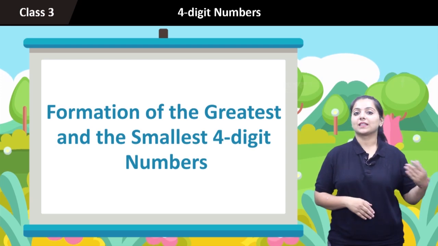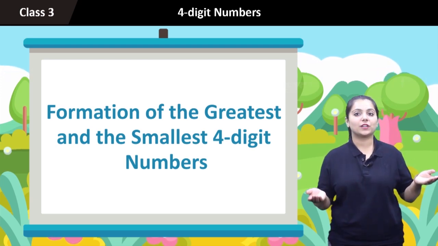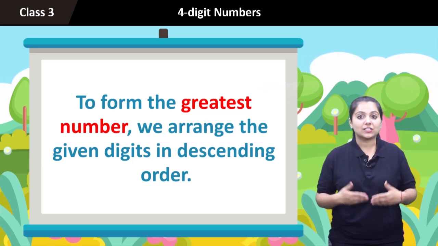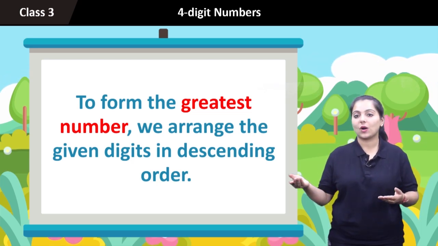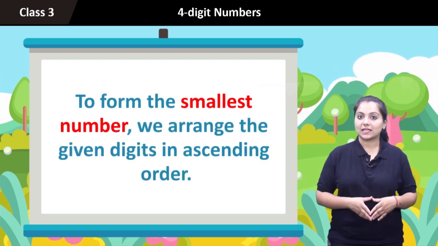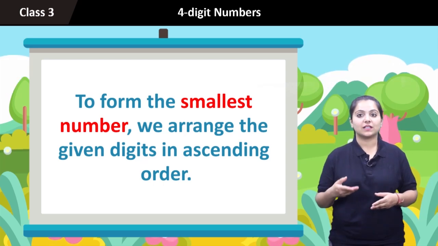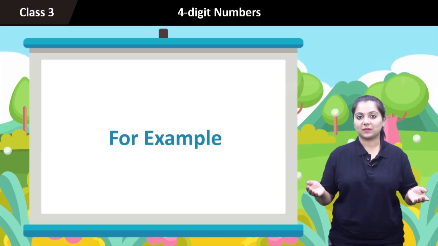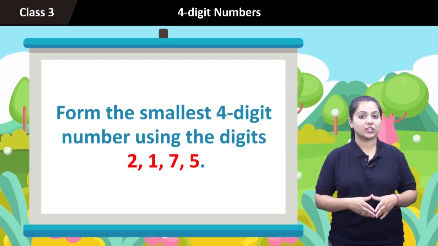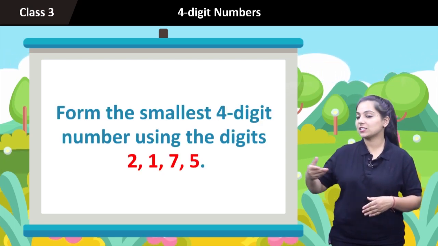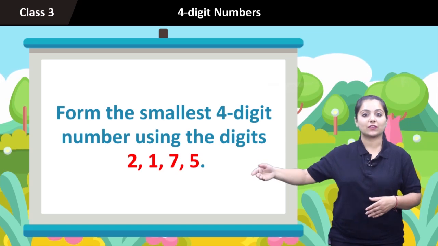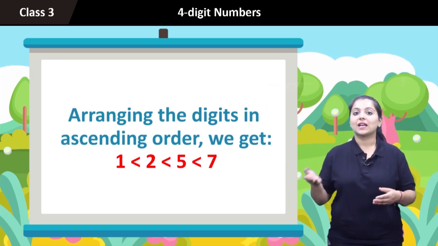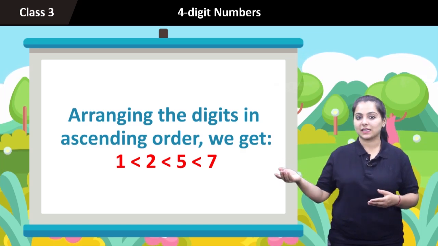Formation of the greatest and smallest 4-digit numbers. To form the greatest number, we arrange the given digits in descending order. To form the smallest number, we arrange the given digits in ascending order. Now let's see one example. Form the smallest 4-digit number using the digits 2, 1, 7, 5. So first of all, we'll arrange the digits in ascending order, that is from smallest to greatest one.